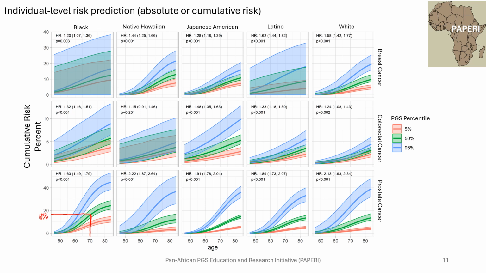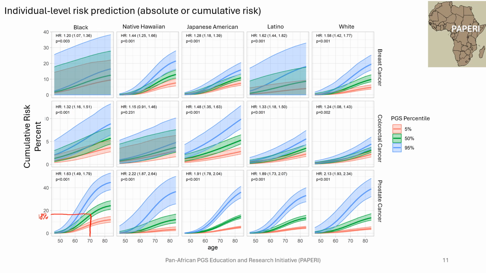So by age 70, an individual self-reported as Black is going to have an 18% chance of having had prostate cancer by that age. So, in other words, we're basically looking at close to a 1 in 5 chance of a Black individual who is of average polygenic risk having experienced prostate cancer by age 70.